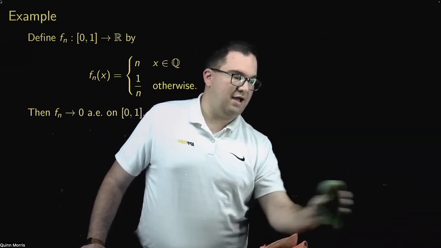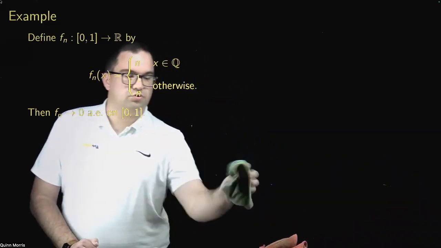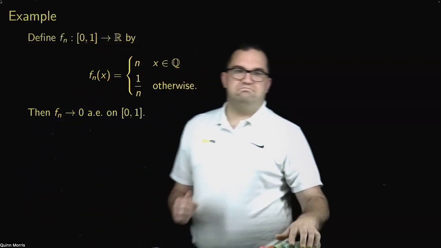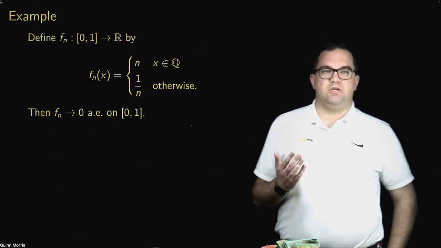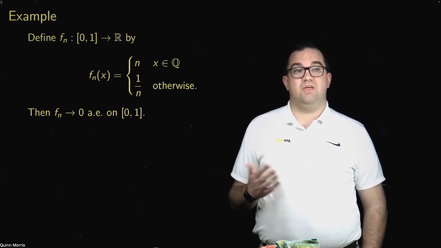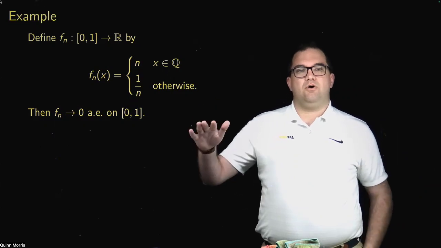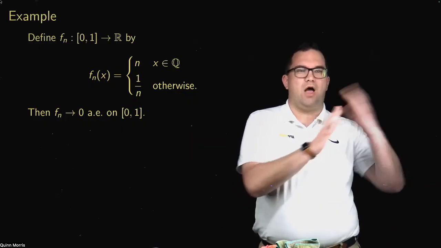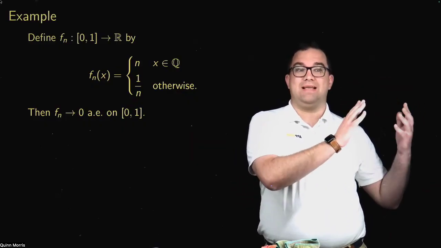That won't change the value of an integral. Well, it turns out for Lebesgue integration, as we'll see, that changing the values of the function on a set of measure 0 will not change the value of the Lebesgue integral. So we're okay if things go wrong on a set of measure 0 because they're not going to matter later on to the Lebesgue integral.